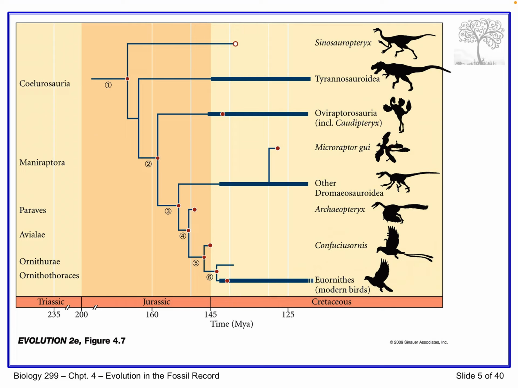Not powered flyers like modern birds because they didn't have the right kind of feather. The new design of the feather is one of the things that makes modern birds a crown group for this entire group of organisms, all again sharing the same common ancestor. So these guys, the stem groups, have many ancestral features. Crown groups have many newer features.